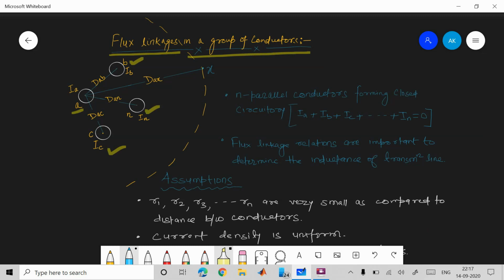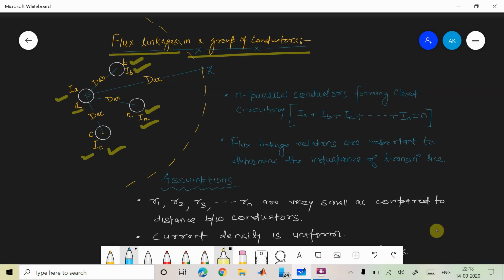So this conductor is your nth conductor, and the corresponding currents are: conductor A is carrying current IA, conductor B current IB, conductor C current IC, and similarly for the nth conductor, current IN. So there are n parallel conductors running in parallel, and they are forming a closed circuitry, meaning the circuit is complete.